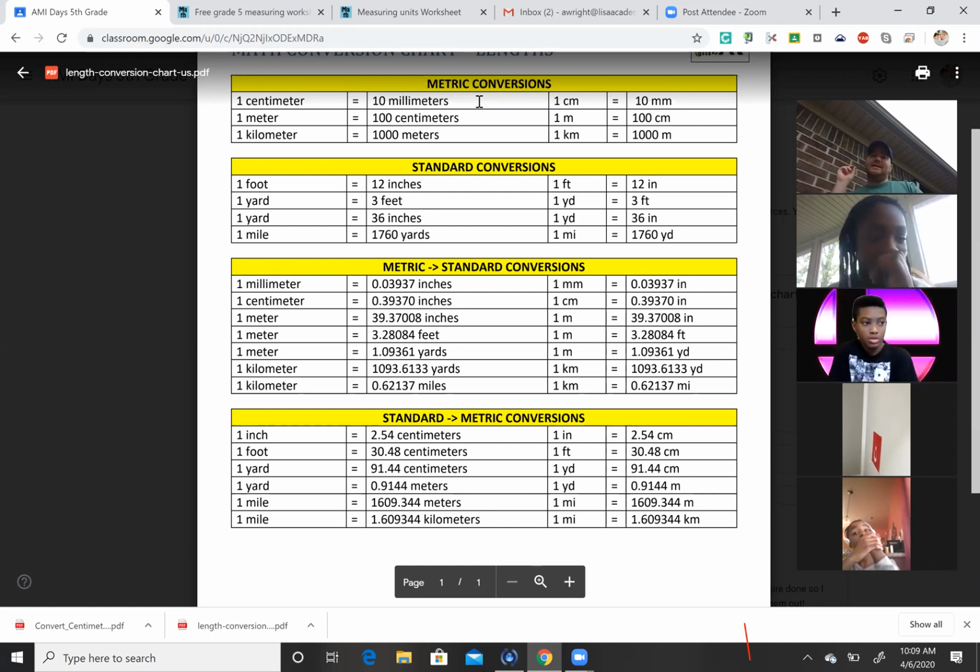So milli is smaller than centimeter. It takes 1 centimeter to become 10 millimeters. It takes 100 centimeters to become 1 meter. Using that thought, how many millimeters does it take to become a meter?